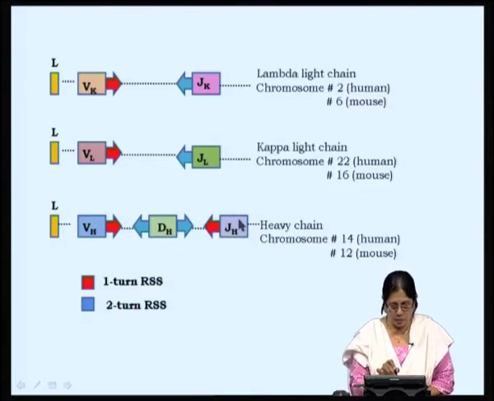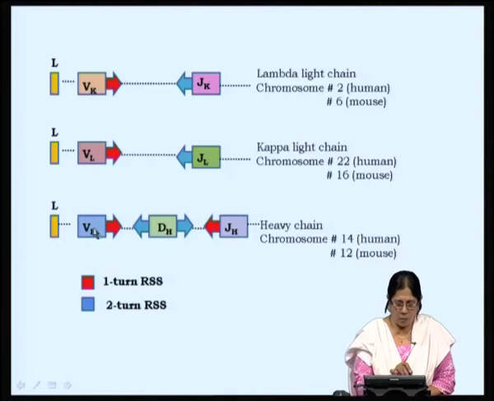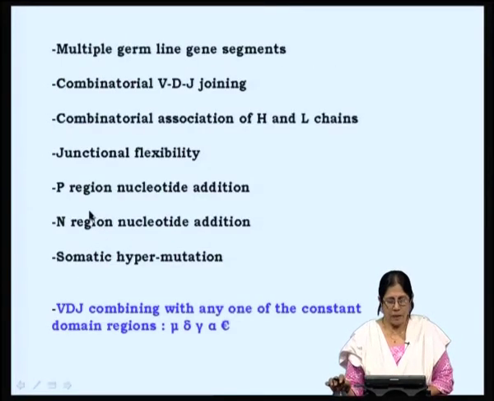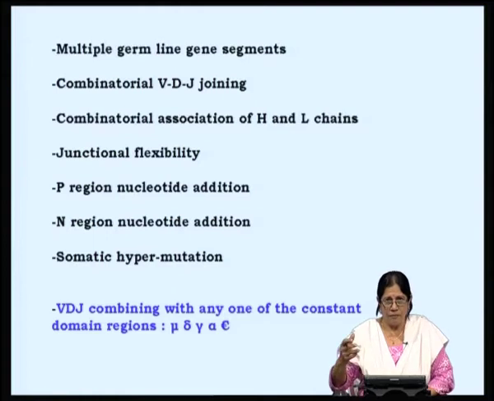Now, joining between D and J occurs first, and once this combination has taken place, one of the several V gene segments is recruited. Now, the question comes, how is this variability generated, 100 million different molecules with specificity to recognize 100 million different molecules?